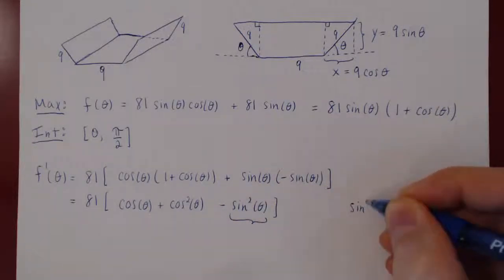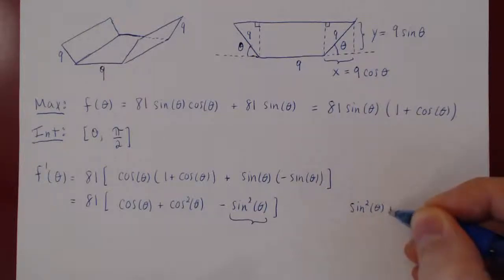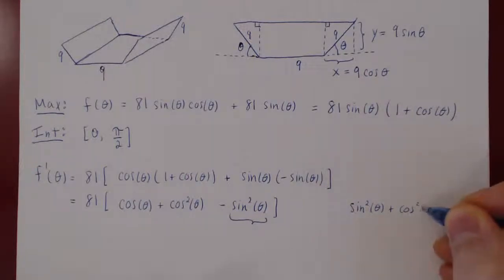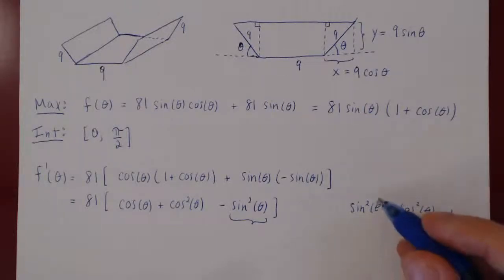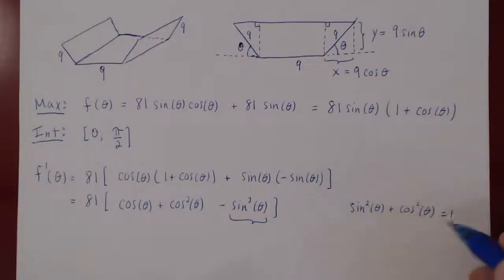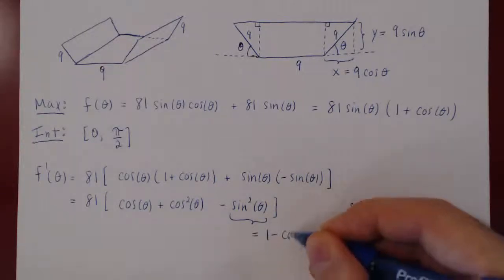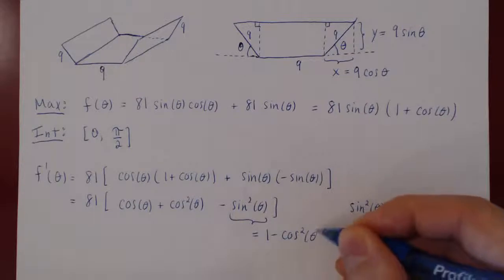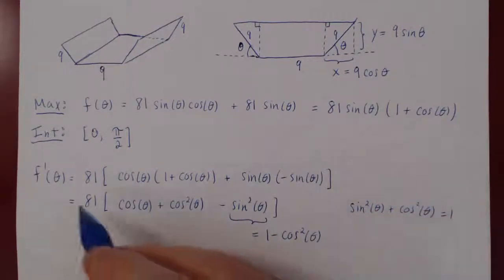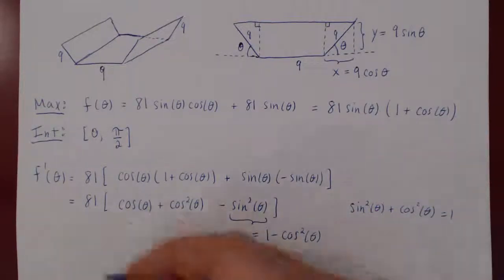So if you do Pythagoras' theorem, sine squared of theta plus cosine squared of theta is equal to 1. So you can isolate sine squared as 1 minus cos squared of theta. And so now you'll have your derivative as a function of cosine only.